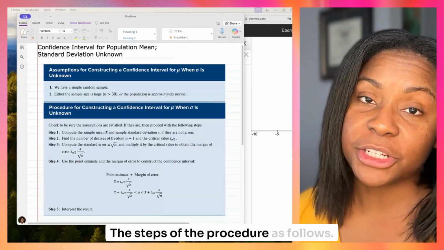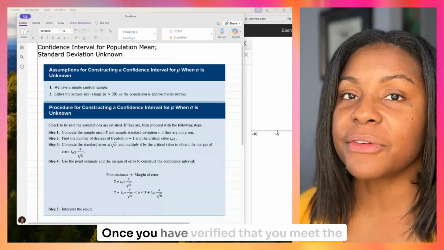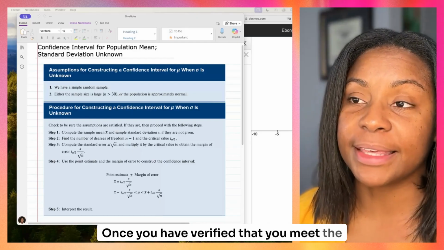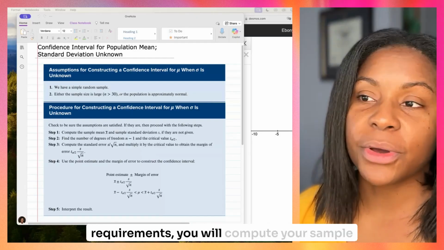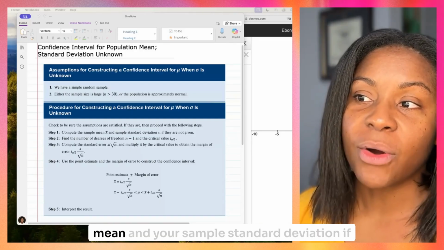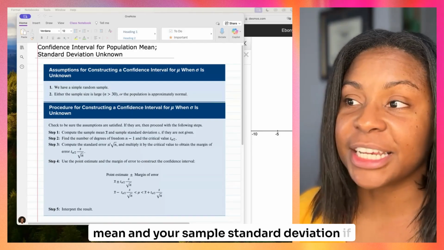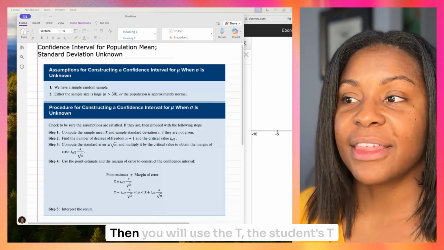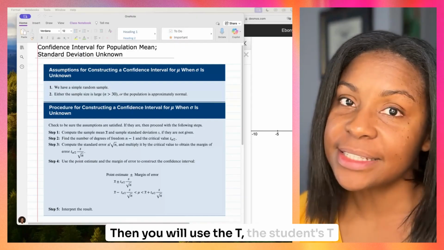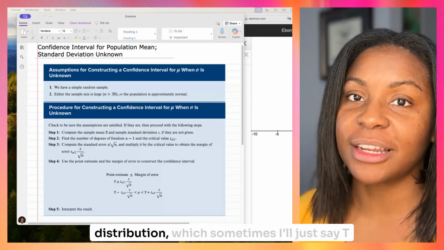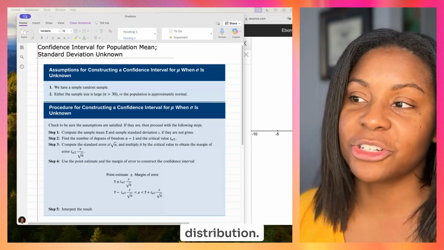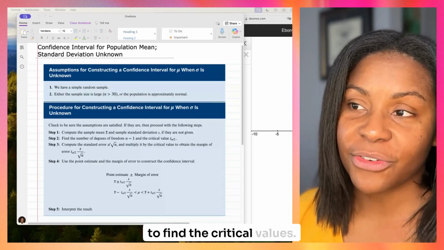The steps of the procedure are as follows. Once you have verified that you meet the requirements, you will compute your sample mean and your sample standard deviation if they're not given. Then you will use the student's t distribution, which sometimes I'll just say t distribution, to find the critical values.